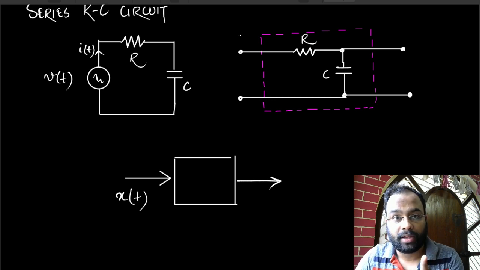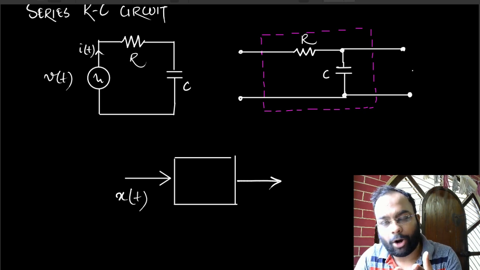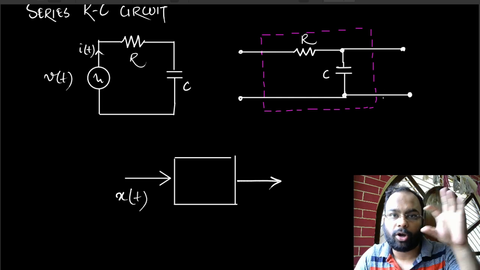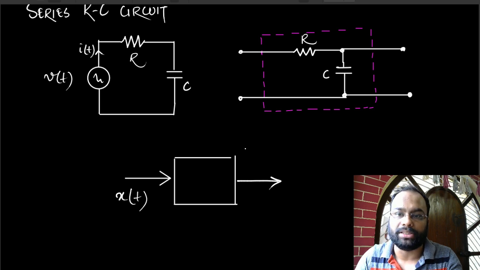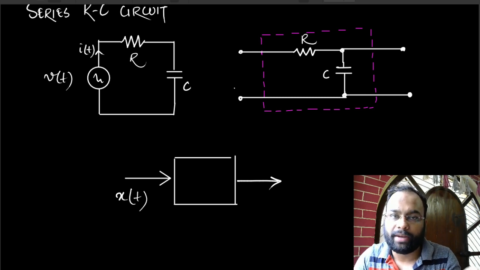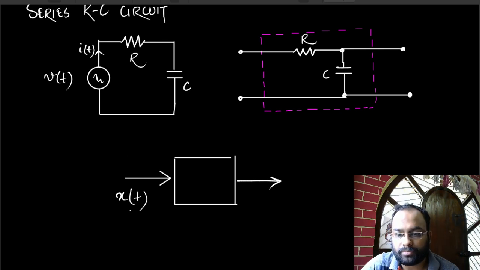These two pins make up this one single arrow here, and these two pins make up one single arrow here. So we feed the input across these two pins and we measure the output across these two pins. Because in order to put a voltage source, we need two pins, and in order to put a current source, we also need two pins. So this arrow is actually representative of these two pins. I think you understand this by now, right?